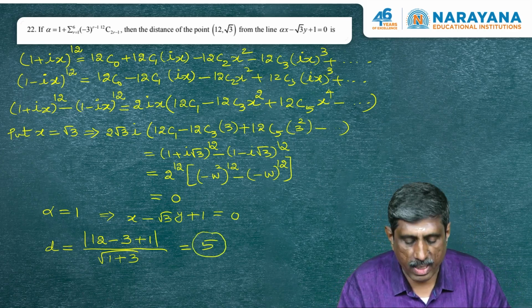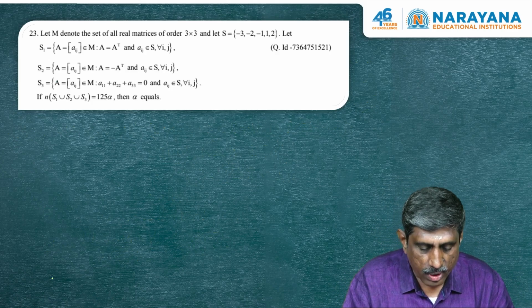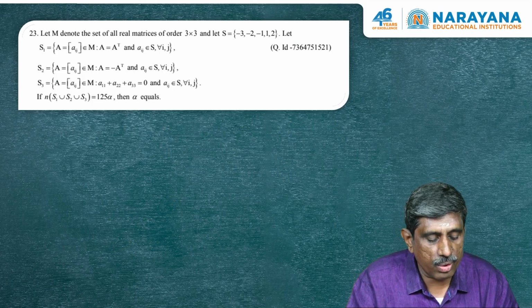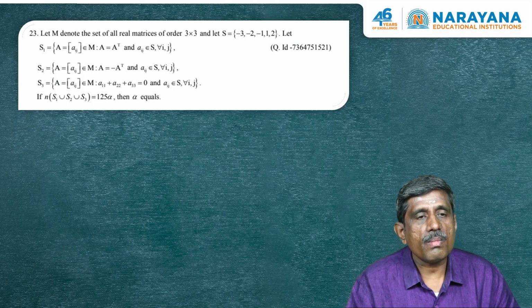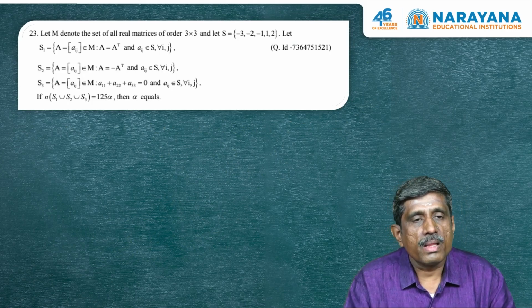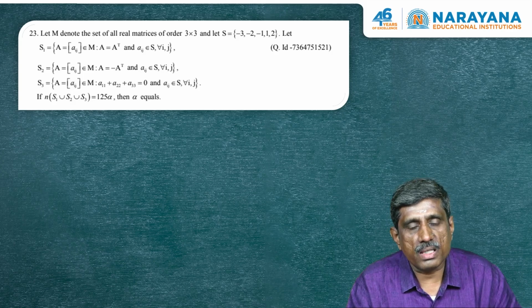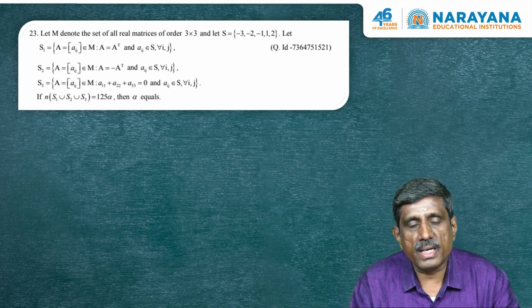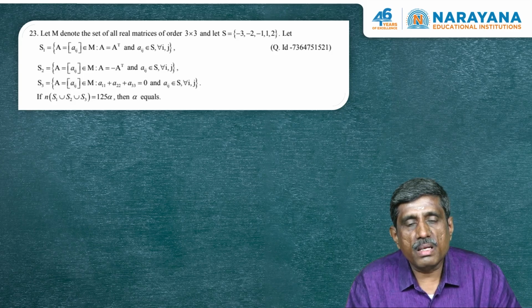Question number 22 is done. Now question number 23. Let M denote the set of all real matrices of order 3 by 3, and S is the set containing the numbers minus 3, minus 2, minus 1, 1, 2.